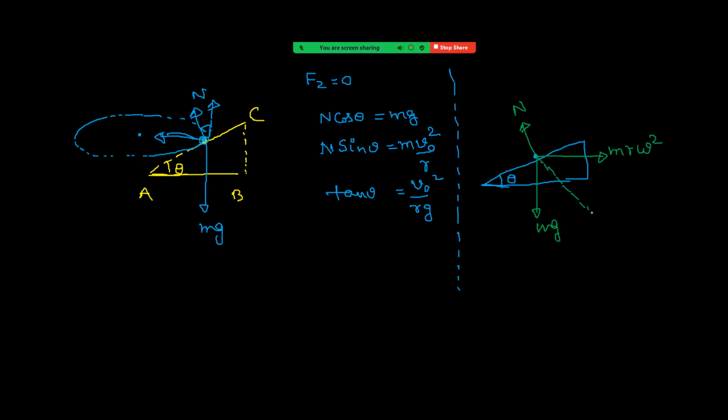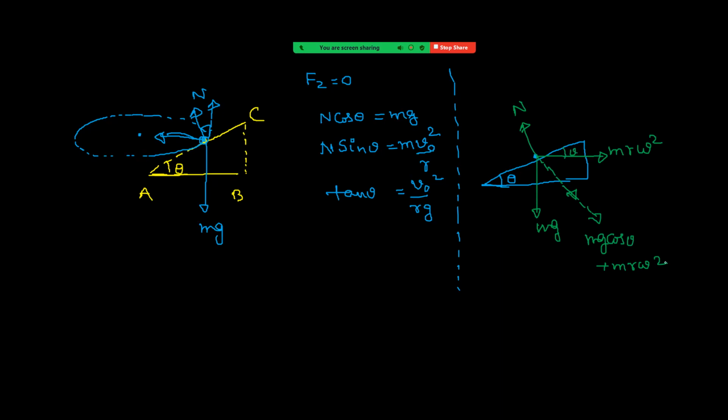Resolving mg and the pseudo force, this is mg cos theta, and a component of the pseudo force normal to the road, that is m r omega square. See carefully, the angle made by this with the incline is theta.